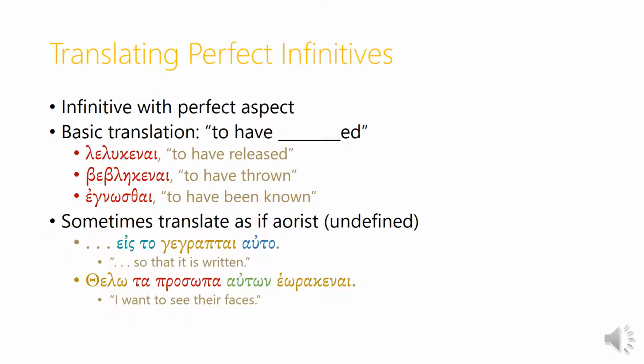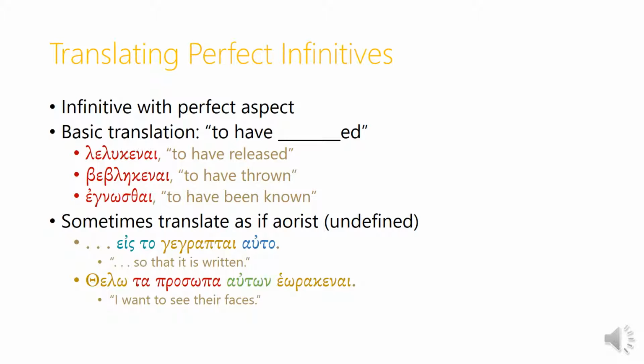And egnosthai, notice that that's a middle passive, we could translate to have been known. And the been is there because it's passive. That's fairly straightforward, and that's the kind of basic translation I'd look for if I ask you in the Paideia exercises how to translate one of these perfect infinitives.